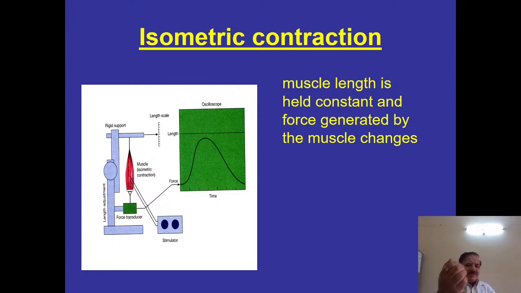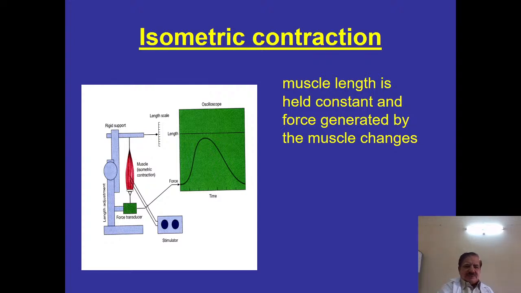Say this is the bicep muscle, attached to the bone. When you are extending the forearm, at that time the bicep muscle is lengthening. So the length of the muscle is either shortening or increasing.